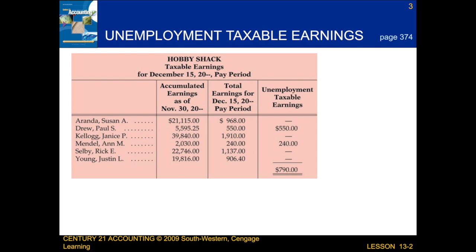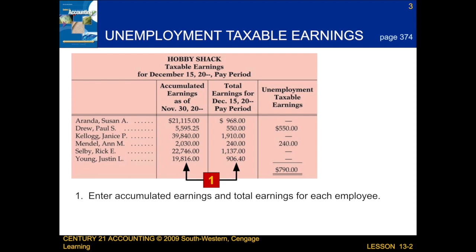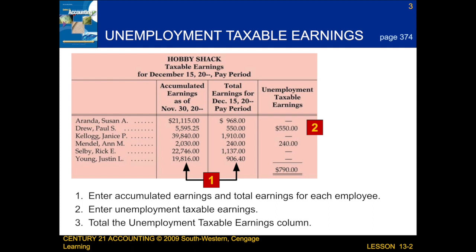First, we enter the accumulated earnings and total earnings for each employee. Next, we enter the unemployment taxable earnings in the unemployment taxable earnings column. And finally, we total the unemployment taxable earnings column.